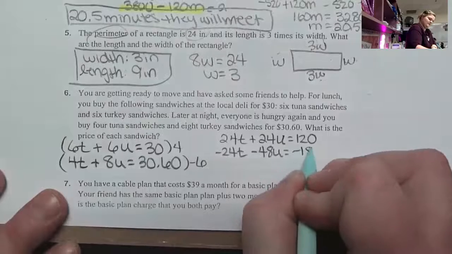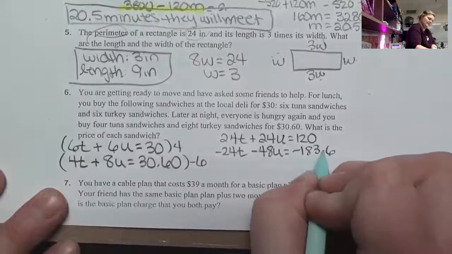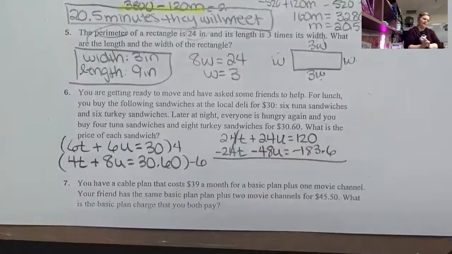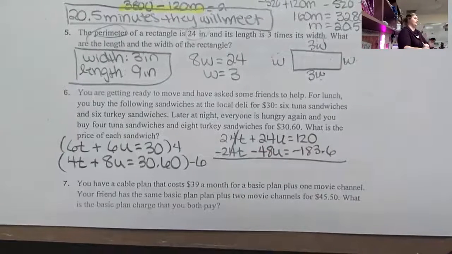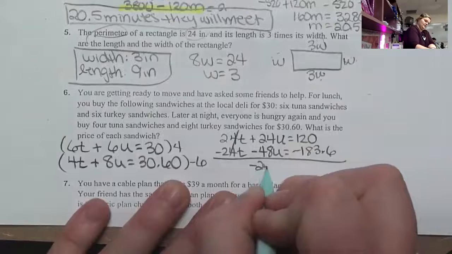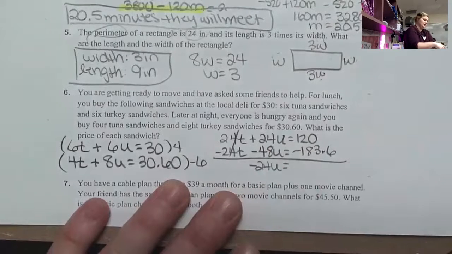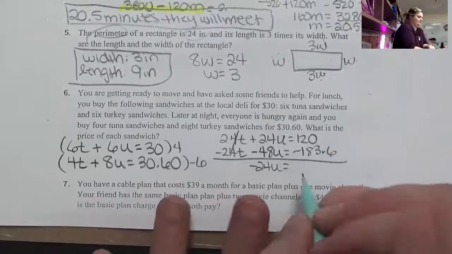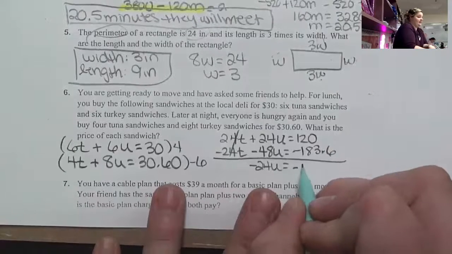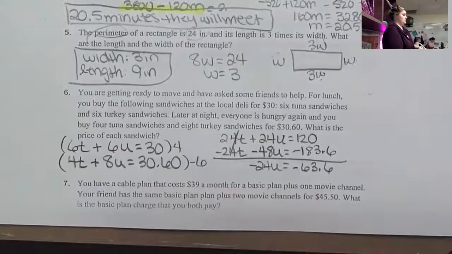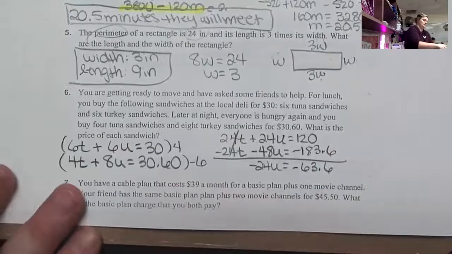183.6. Don't forget that's a negative. Now we can add down, our T's are gone. What's 24 minus 48U? A -24U, good. What is 120 minus that 183.60? -63.6, good. Divide by?